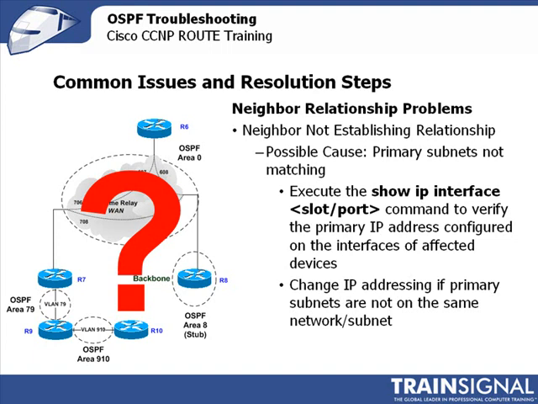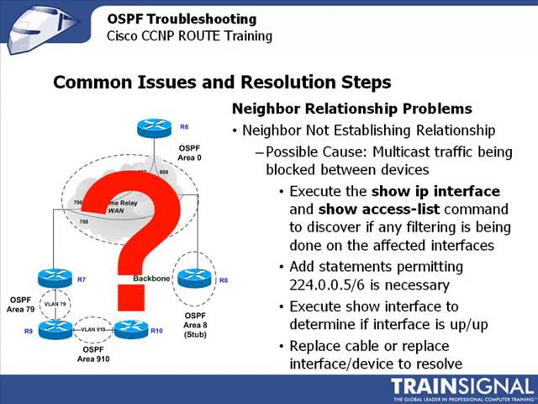And by match, same subnet, same mask. If you have one mask on one side and another mask on the other, you could have difficulties as well. If there's a problem with one not having the same primary IP address, change it, because only then will you be able to support and configure and form neighbor relationships.